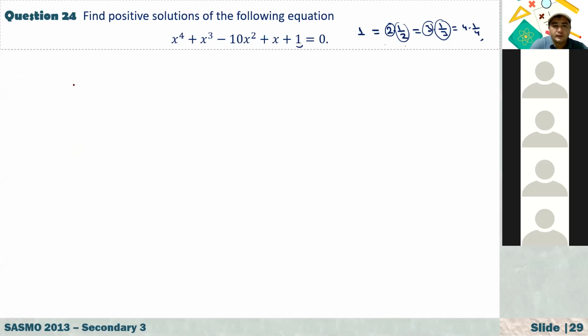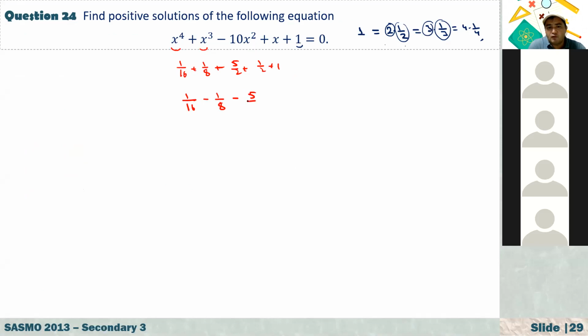Okay. So how about 1 over 2? 1 over 16 plus 1 over 8, plus 10 over 4, that is -5 over 2 plus 1 over 2 plus 1. Also, it doesn't work. How about if it is minus 1 over 2? 1 over 16 minus 1 over 8.